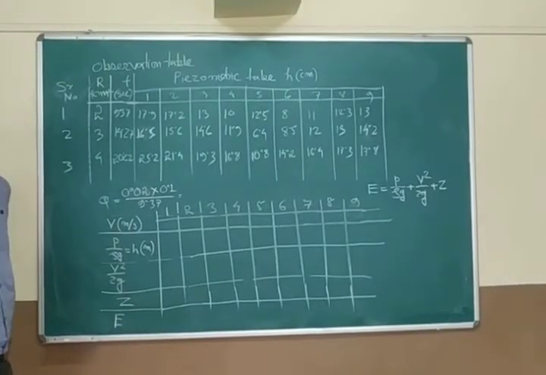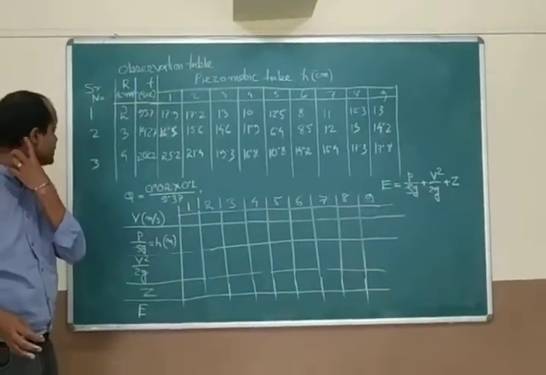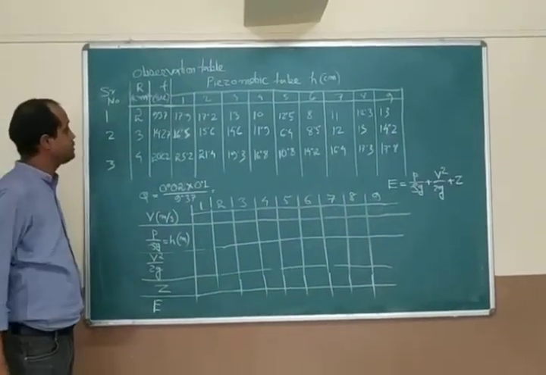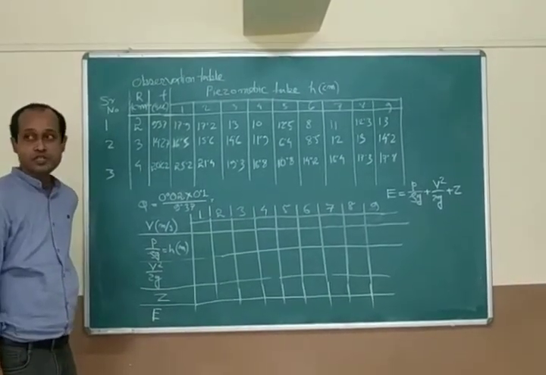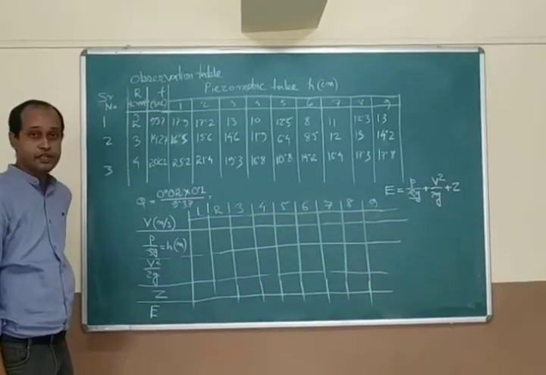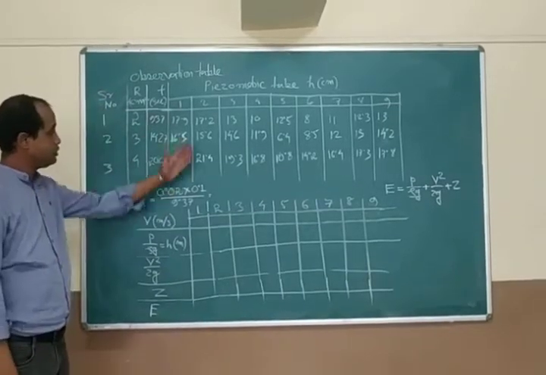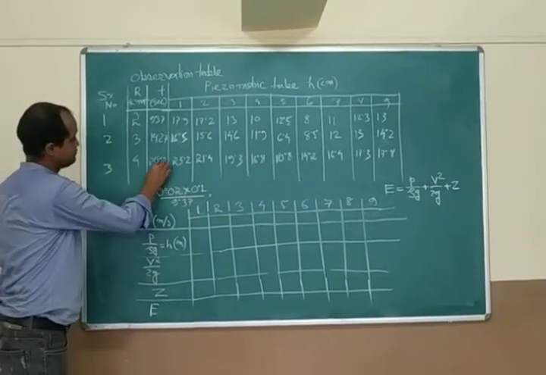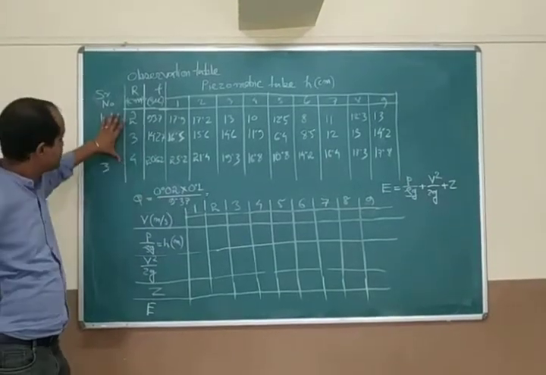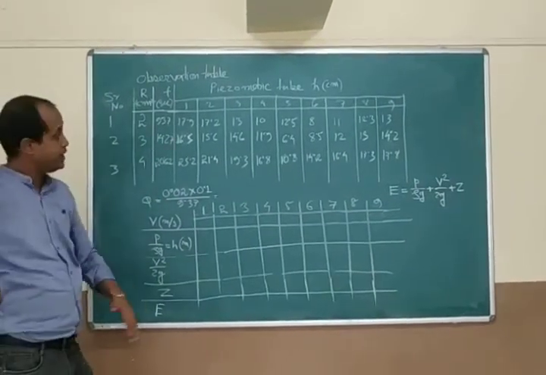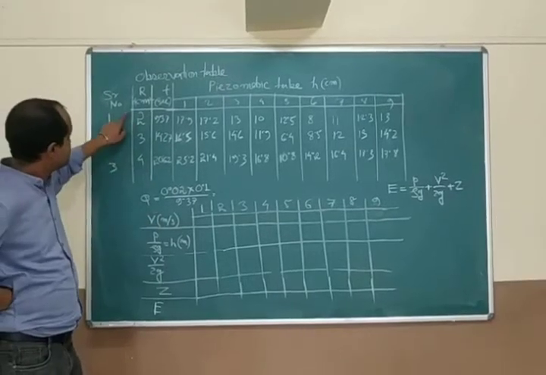So students, after doing this experiment, you will get the observation. Somehow it is not possible for us to make a video of this whole experiment. It became very lengthy. So that's why in the middle we stopped and took the readings. So this is the reading.